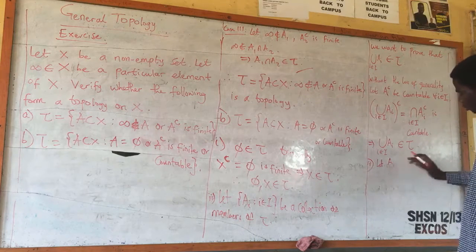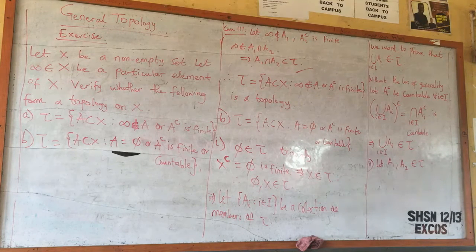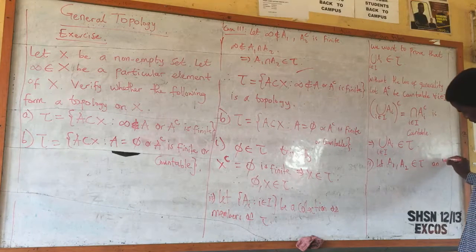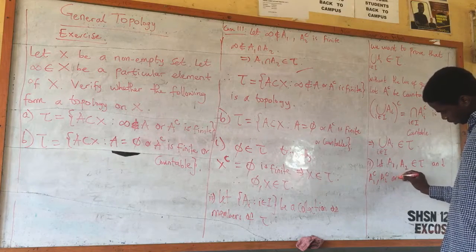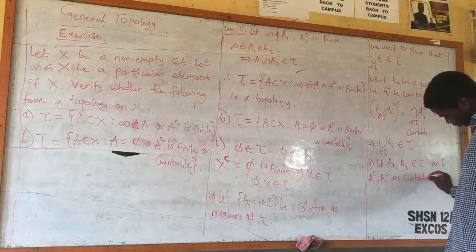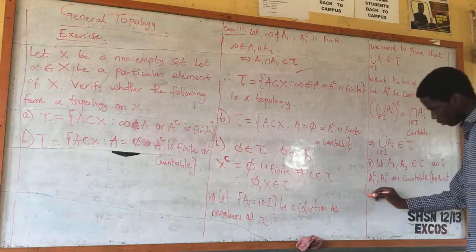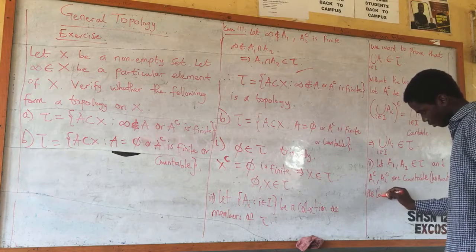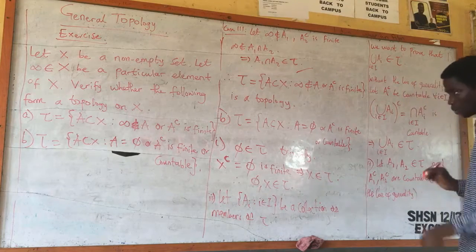Now the third one we want to do here is finite intersection. Let A1 and A2 be members of the topology, and let A1 complement and A2 complement be countable, without loss of generality.